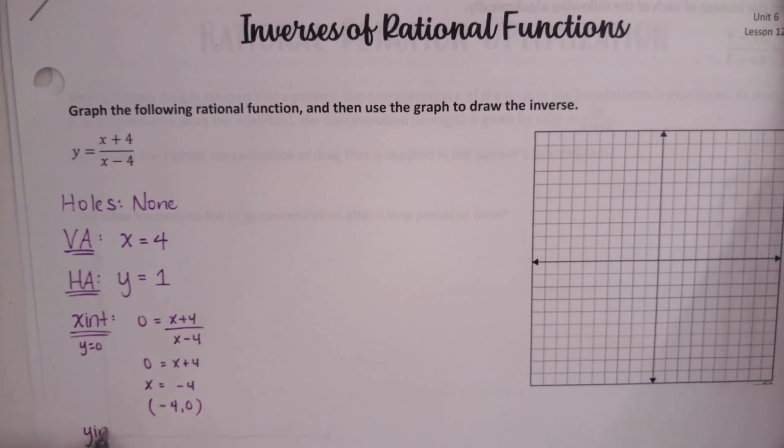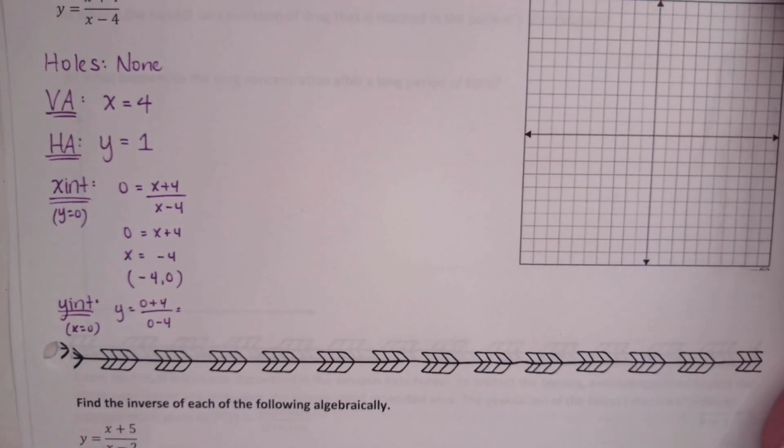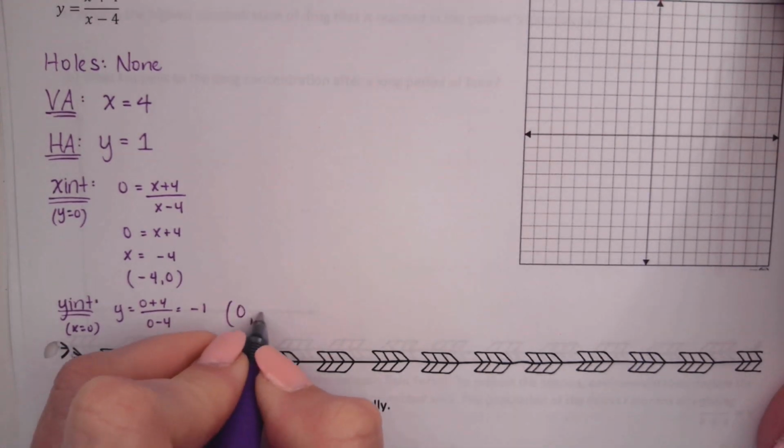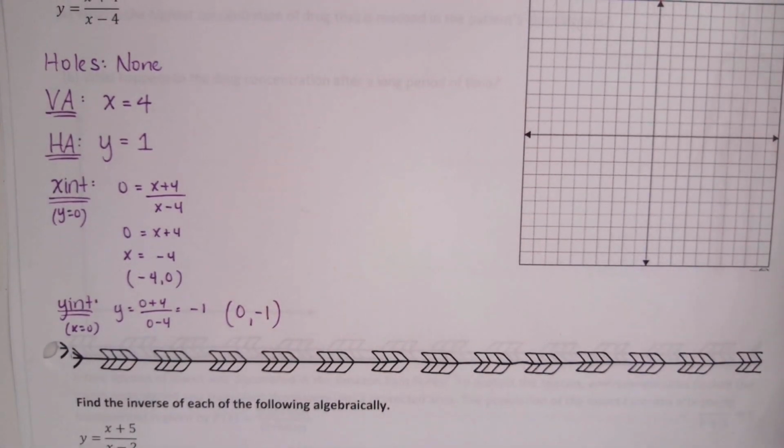And then lastly, the y-intercept, remember that's when x equals 0. So we would plug in 0 for x to get 0 plus 4 over 0 minus 4, which is negative 1. So as an ordered pair, that would be (0, -1).